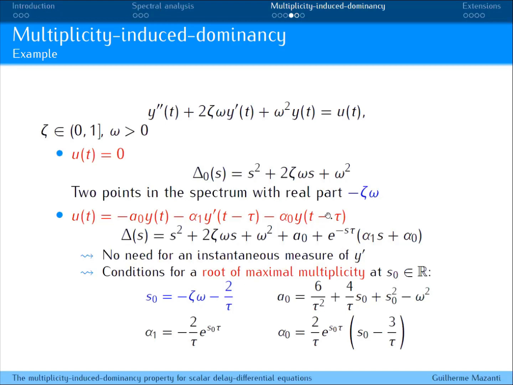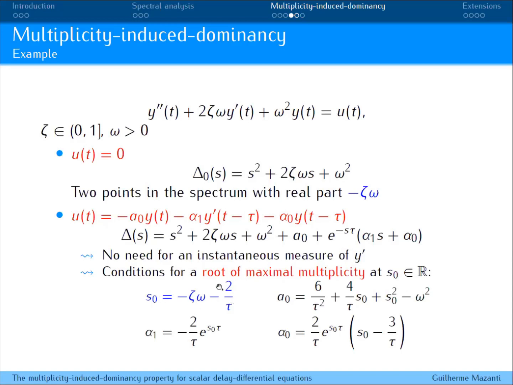If I do it like this, the corresponding characteristic function is a quasi-polynomial like this. And you see that, in particular, I don't need an instantaneous measure of the velocity. If I write down the conditions of the previous theorem, we realize that for us to have a root of maximal multiplicity at some value s0, my coefficients must satisfy this, and s0 is given by this.